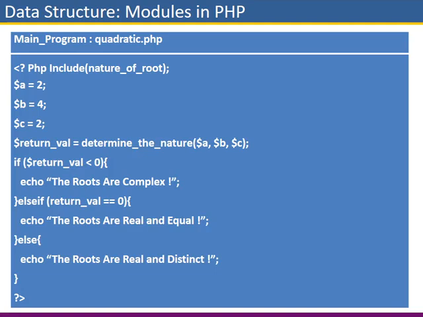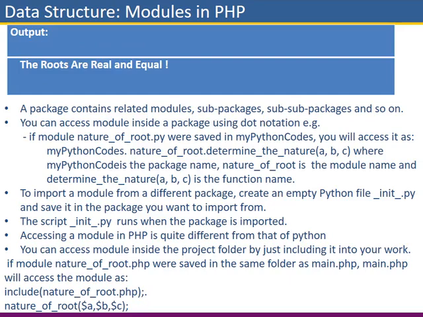Using the conditional statement, if the return value is less than 0, we echo the roots are complex, else if the value is equal to 0, the roots are real and equal, otherwise the roots are real and distinct. And we have the output: the roots are real and equal.